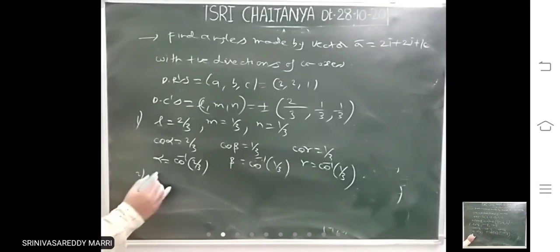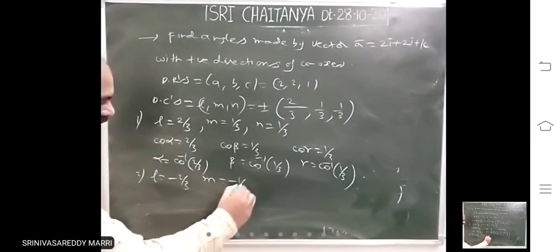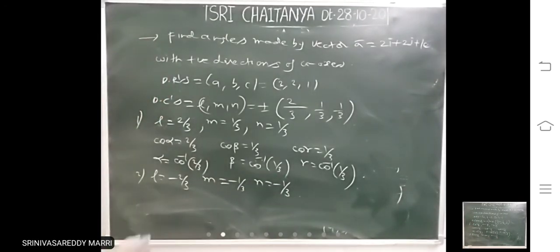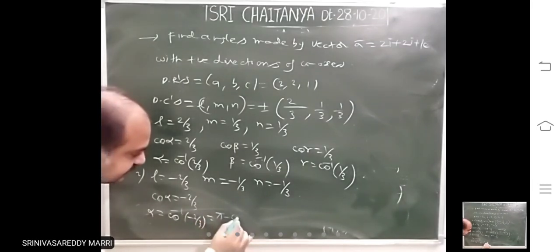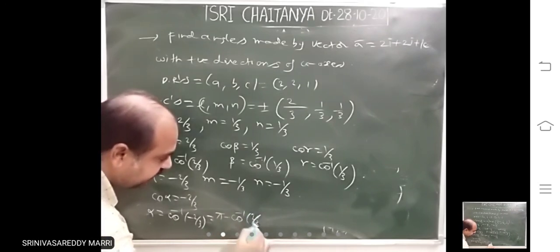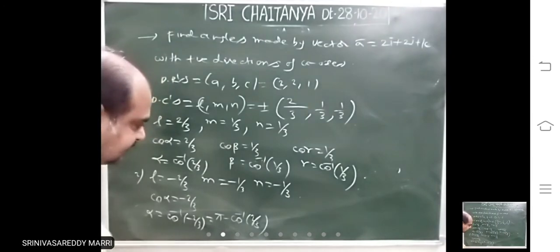Second case, L equal to minus 2 by 3, M equal to minus 1 by 3, N equal to minus 1 by 3. So cos alpha is minus 2 by 3, alpha is cos inverse minus 2 by 3. The inverse function formula is cos inverse minus x is nothing but pi minus cos inverse x.